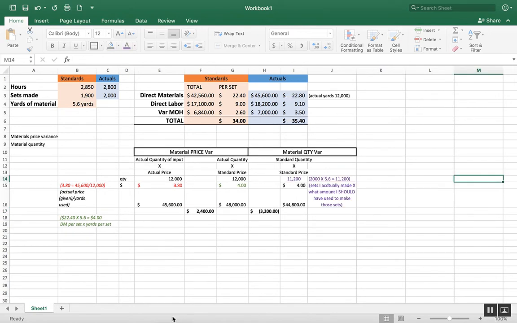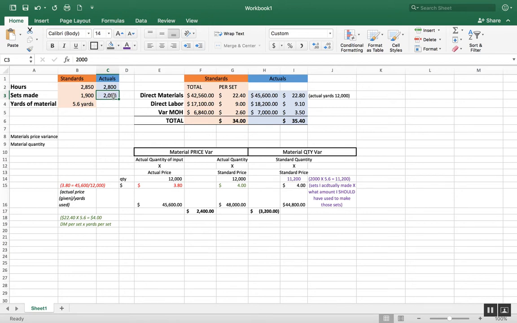Now we're going to look at the material quantity variance. What we're going to change here is compare the actual quantity of material used to make these car seat covers against what the standard should have been. In other words, how much material should I have used producing that many seat covers? So remember that we produced 2,000 seat covers.